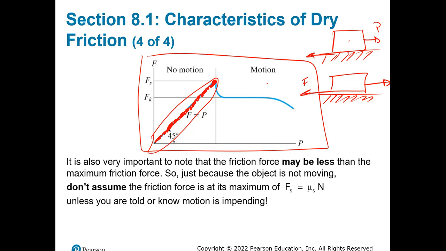What matters here is that you cannot assume that it will reach its maximum all the time. In one of the exercises that we'll be solving today, we need to calculate the maximum P so something can happen. That something could refer to this point, or this point, or this point. What I'm trying to tell you is that you cannot assume that it reaches its maximum unless you've been told.